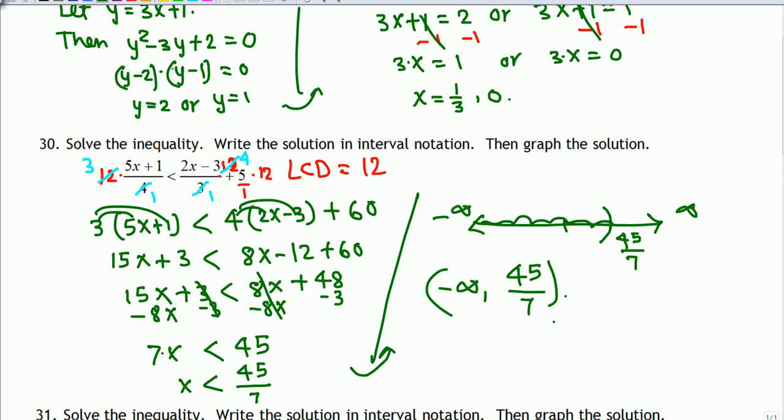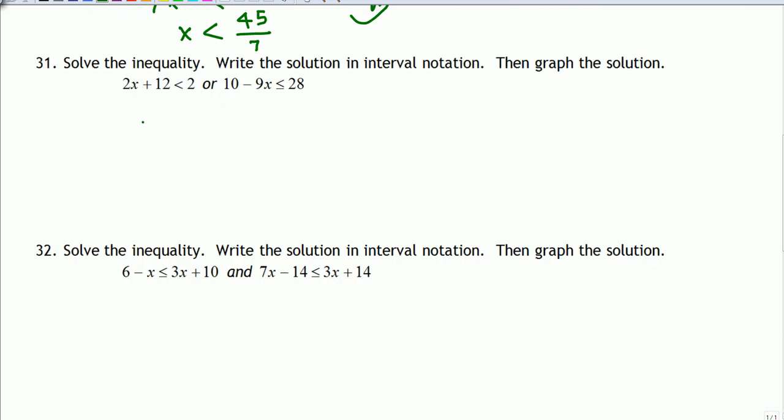Next question. We have two inequalities, so we can work together. 2x + 12 < 2, so subtract 12 from both sides. We are trying to isolate x. In the other, 10 − 9x ≤ 28, so subtract 10 from both sides.